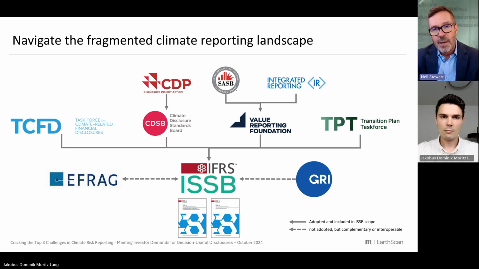So that's impact materiality, which would be decision usefulness for other stakeholders beyond investors. So then, thinking beyond that overlap, there are some additional ISSB requirements for investor-focused disclosures, while, of course, ESRS has those additional requirements for broader impacts.